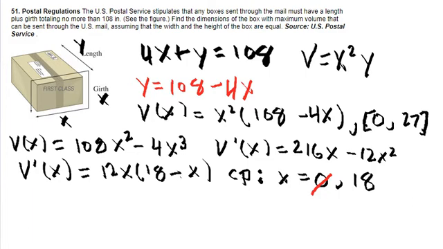In this case, it can be shown either by doing an interval line test or by doing a second derivative test. So let's just do an interval line test, where we set up our interval line as so. Note that one of the bounds is 0 and the other bound is 27.